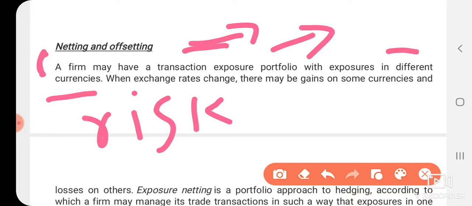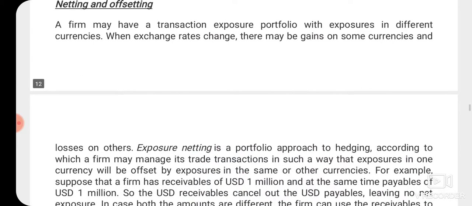In such situations, a firm has a transaction exposure portfolio with risk in different currencies. When exchange rates change, there may be gains on some currencies and losses on others. It's a fact. Sometimes we incur gains and sometimes losses.